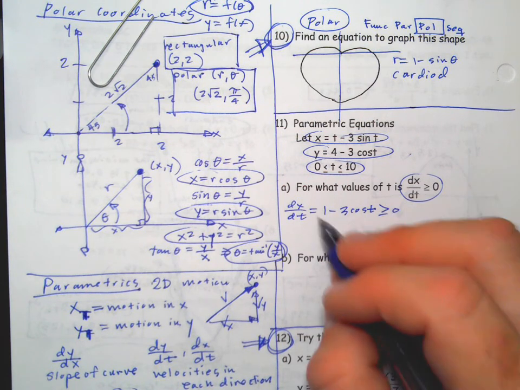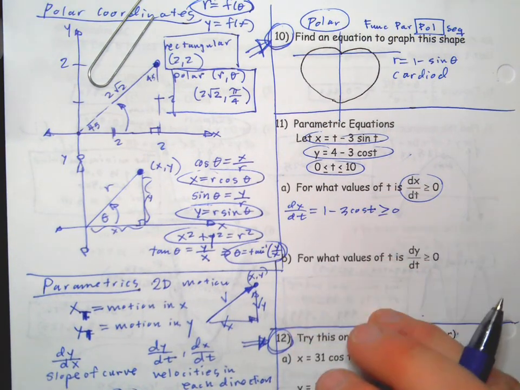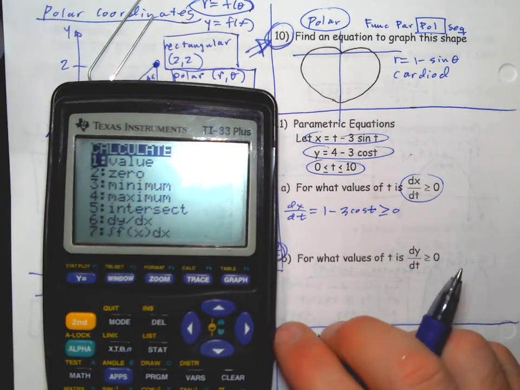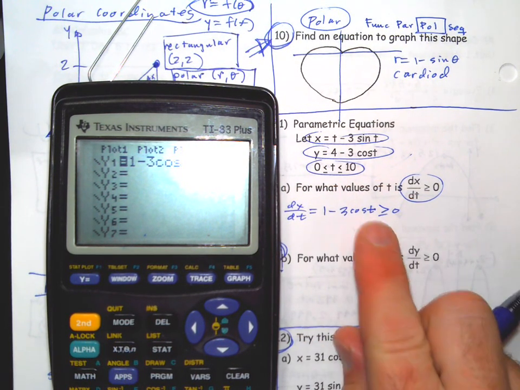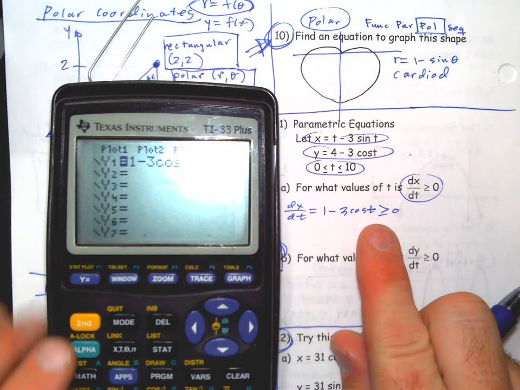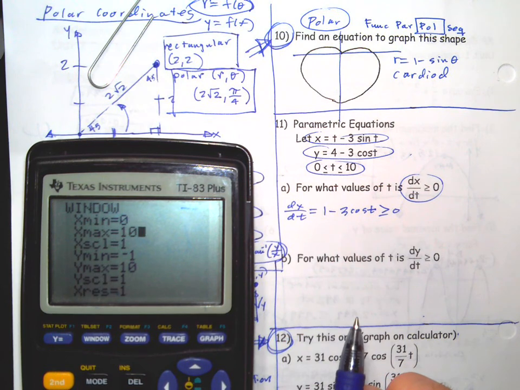Well, you could use your calculator to do this. I'm in regular mode right here, and I'm going to just graph this function and say, where is it above the x-axis? So I'm going to go window 0 to 10.